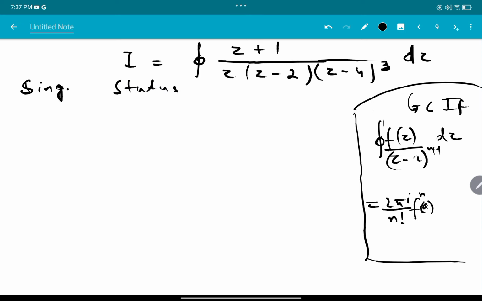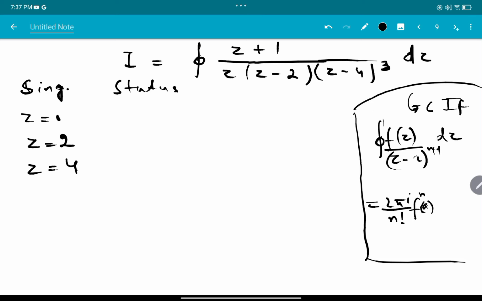The first singularity is z equal to 0. The second singularity is z equal to 2. The third singularity is z equal to 4. But these are multiple singularities with order higher than 1.